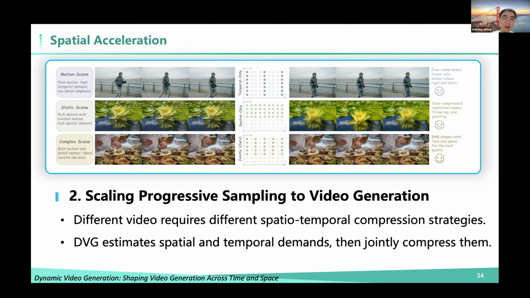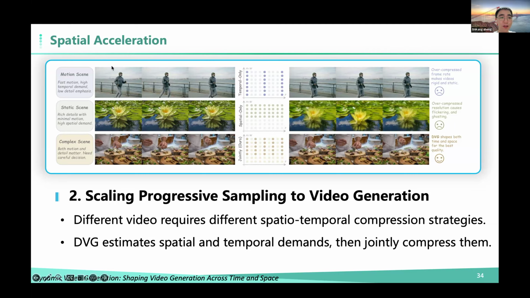What we found is that if we jointly compress both the resolution and the frame rate, it can achieve much better speed-up gains and also preserve much better quality, because with different video prompts and video content, they seem to show different dynamics.